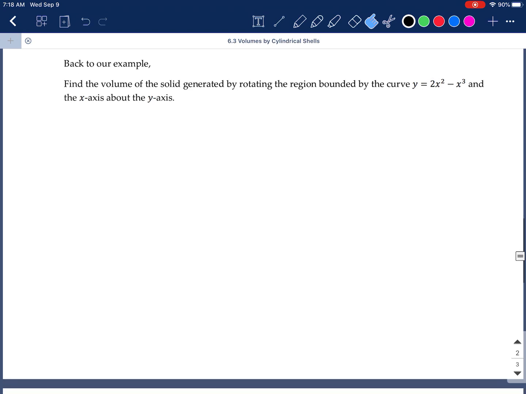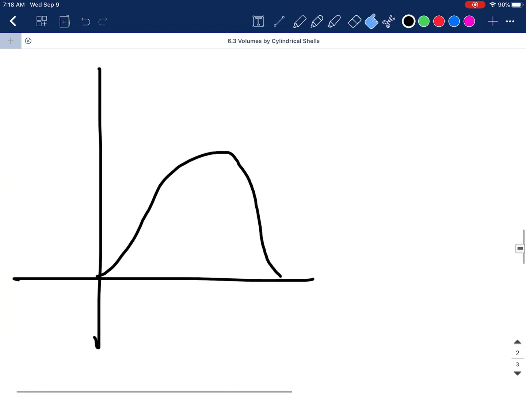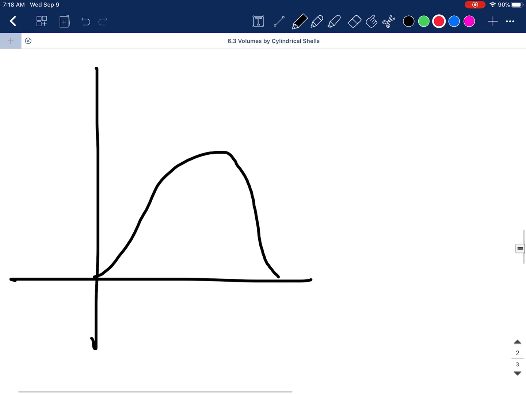So back to our example. We want to actually find the volume of that region. So our curve looks something like this. Zoom in a bit. Again, we're rotating it about the y-axis.